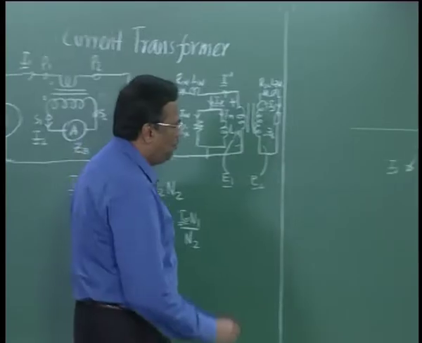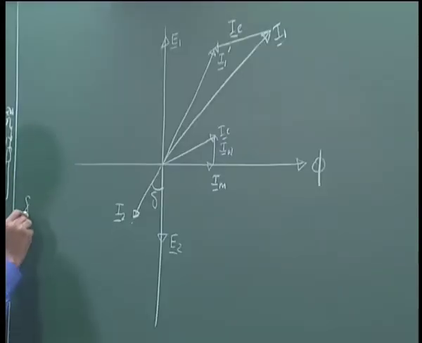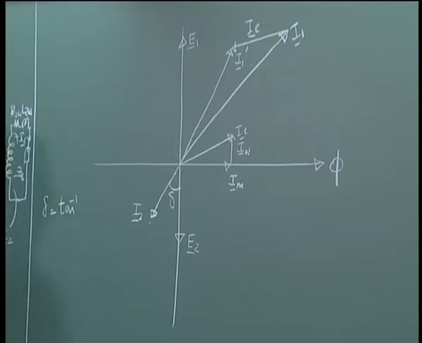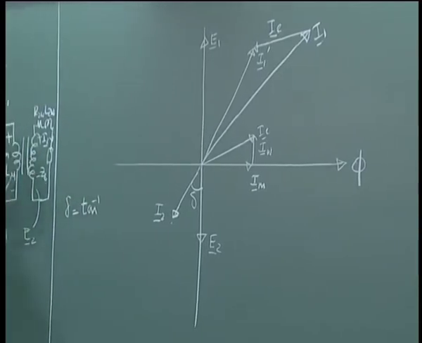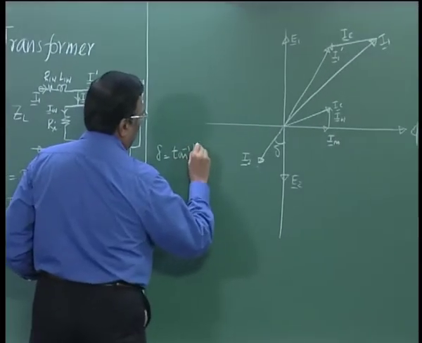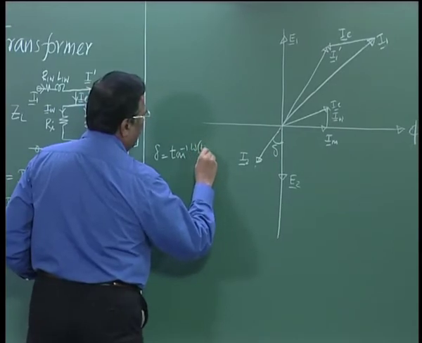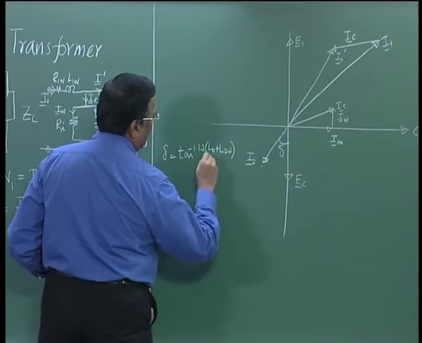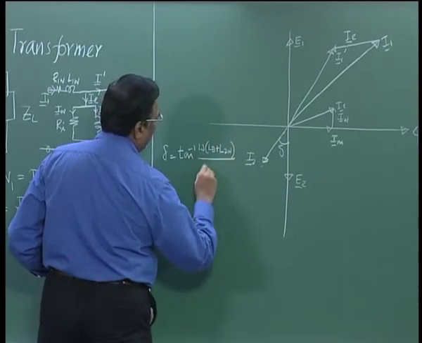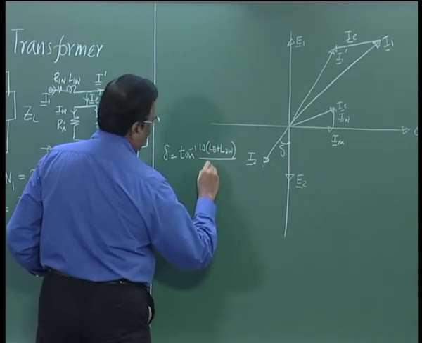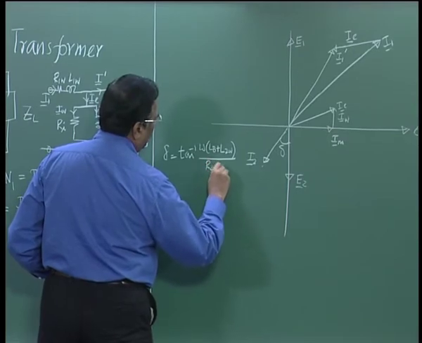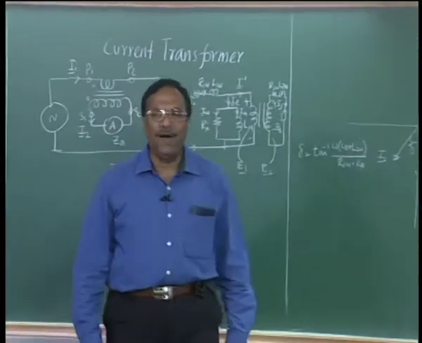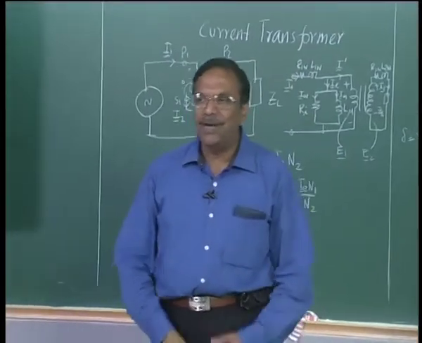So, delta would be equal to tan inverse of omega into (LB plus L2W) divided by (R2W plus RB), where LB is the inductive part of the burden. I am assuming the burden to be inductive.